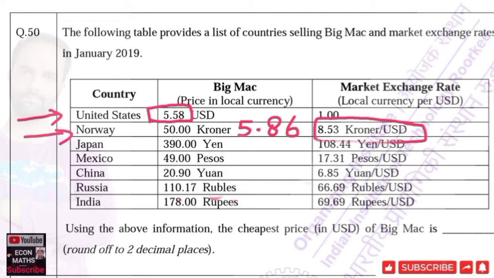The cheapest price of Big Mac in US dollars will be in Russia. What will be the cheapest price?